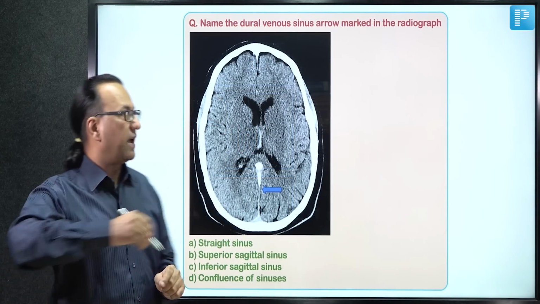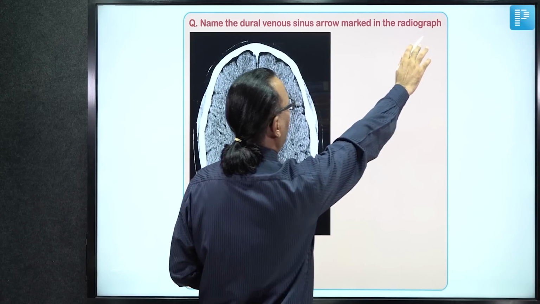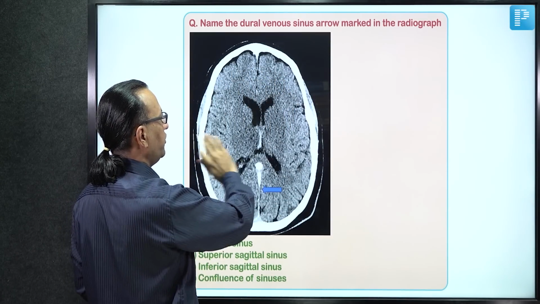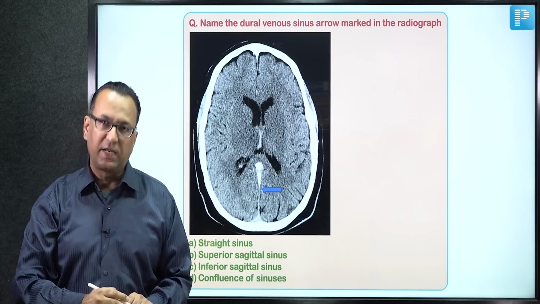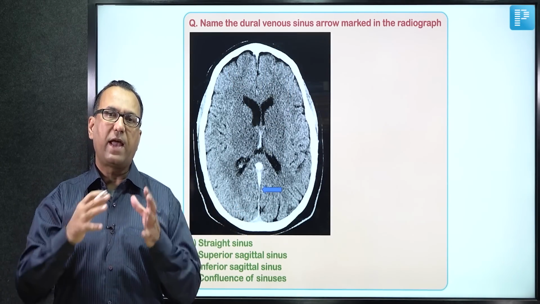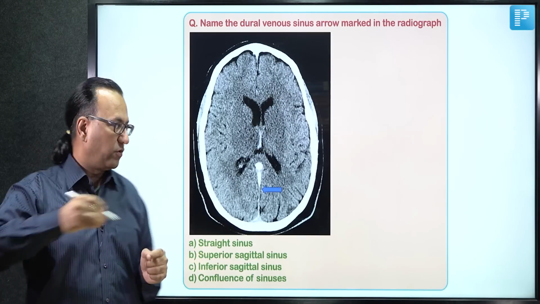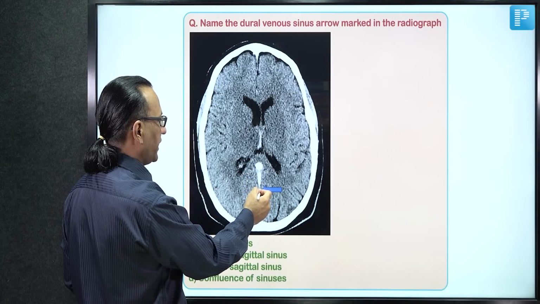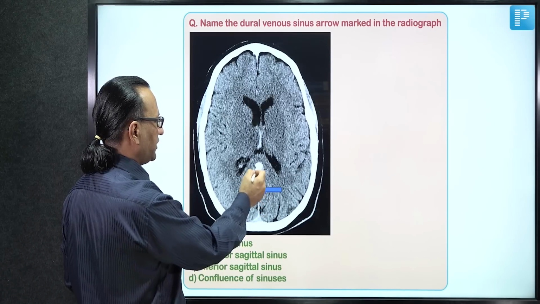The next question we have got is: name the dural venous sinus arrow marked in the radiograph. It appears to be a transverse section radiograph given to you, and dural venous sinuses collect the venous blood from the brain and meninges to pour it into the internal jugular vein. Now, if you are focusing upon this arrow mark, this is the region where a sinus is running anterior to posterior and is called the straight sinus.